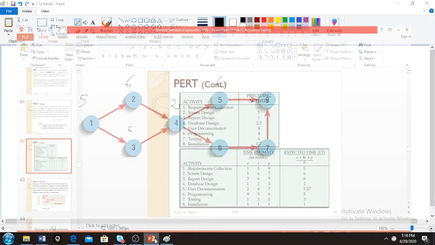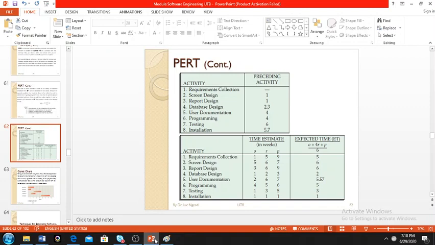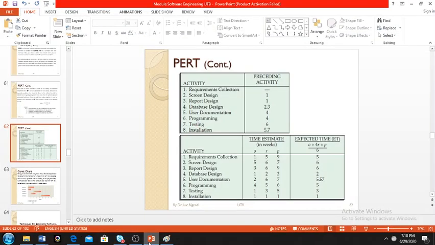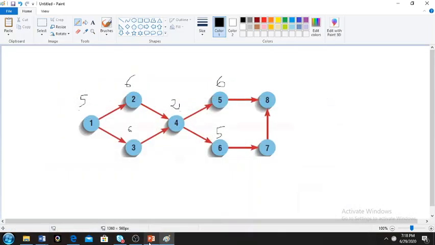Number 6 is 5. Number 7 is 3. And then here is 1.